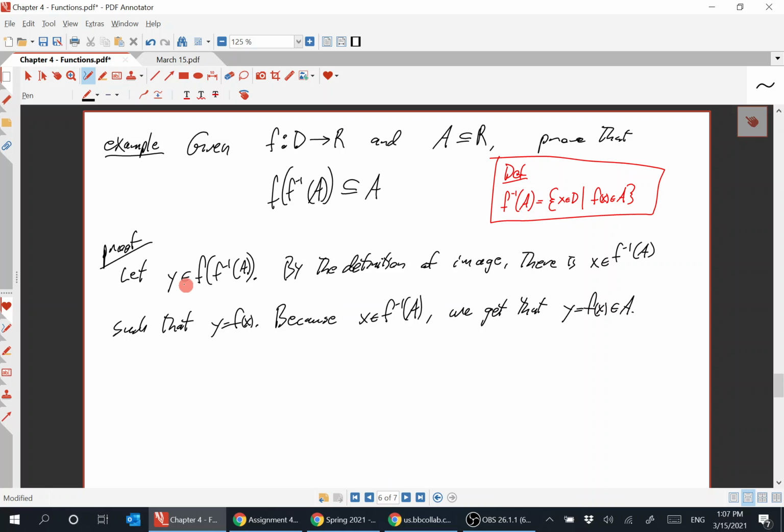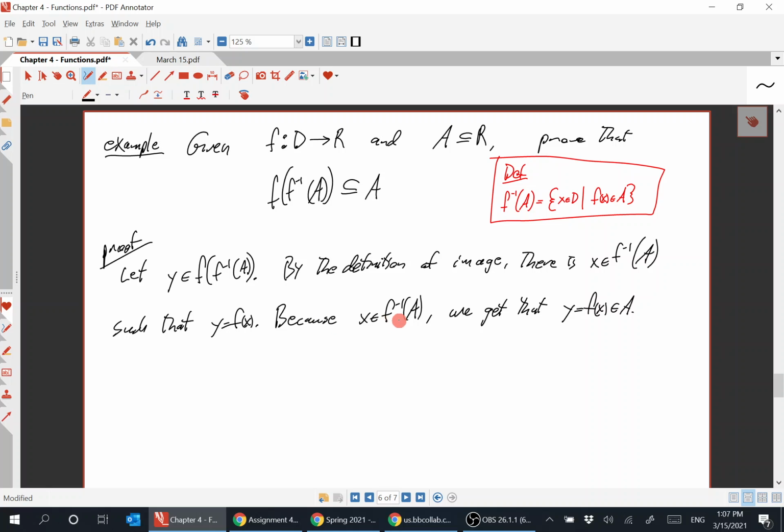Right? We let y be an element of the image of the preimage of A. By the definition of image, there is an element x of that inner set. Forget about the fact that it's a preimage at this point, but there is an element x of that inner set such that y is equal to f of x.